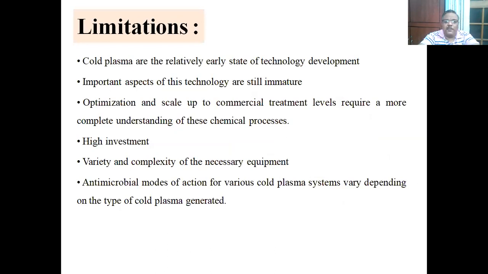Optimization and scale up to commercial treatment levels require a more complete understanding of the chemical processes involved, and high investment in R&D is also a major concern. There is variety and complexity of the necessary equipment, and antimicrobial modes of action for various cold plasma systems vary depending upon the type of cold plasma generated. So you have to be very choosy in choosing the right gas and the plasma density.